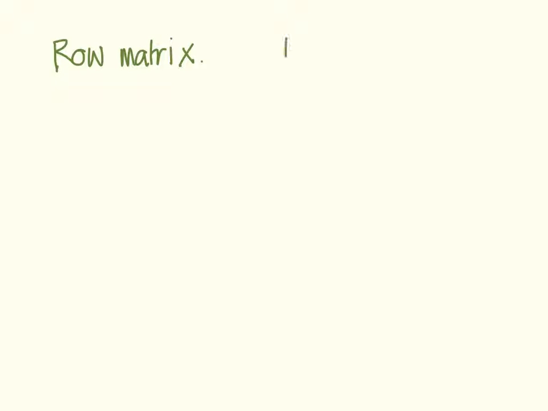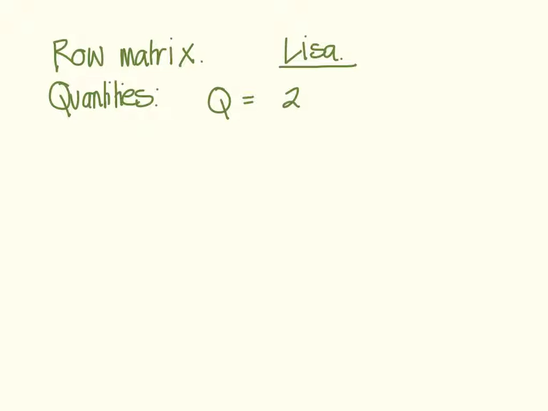So Lisa has gone to the shop, and what we're doing is putting the quantities into a row matrix. We'll call the matrix Q for quantities. Q equals 2 for the 2 loaves of bread.